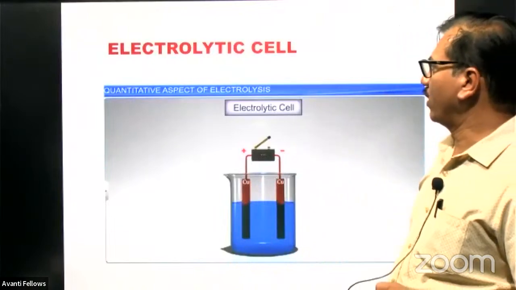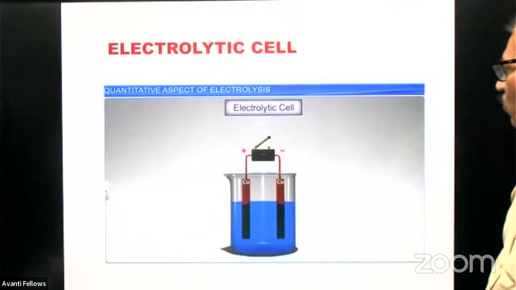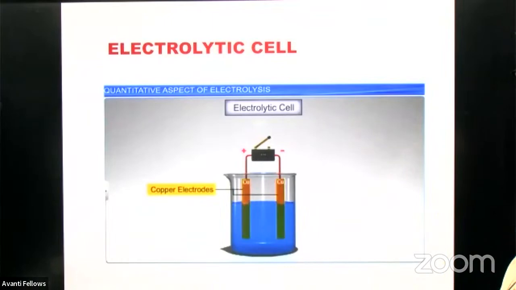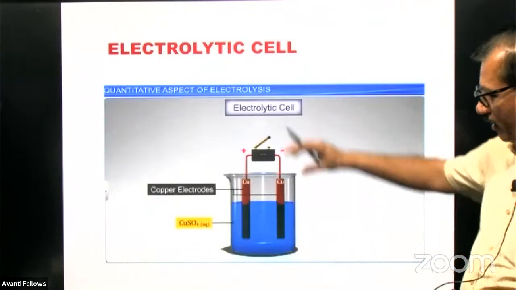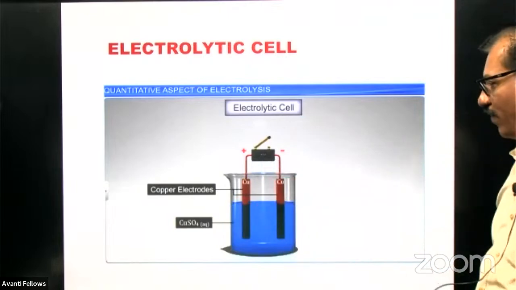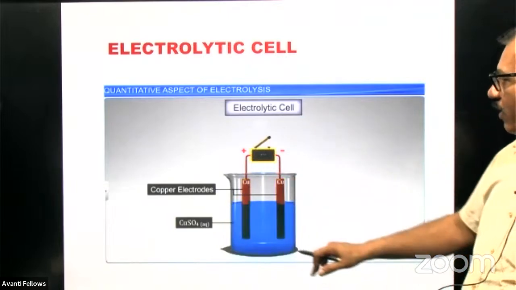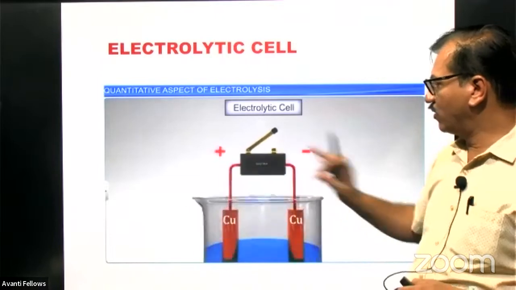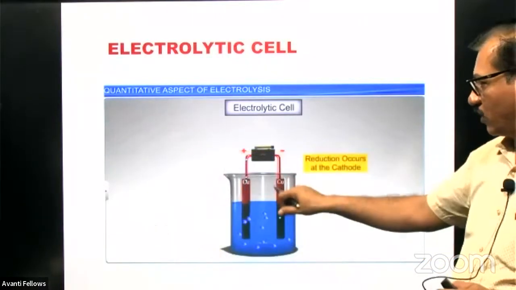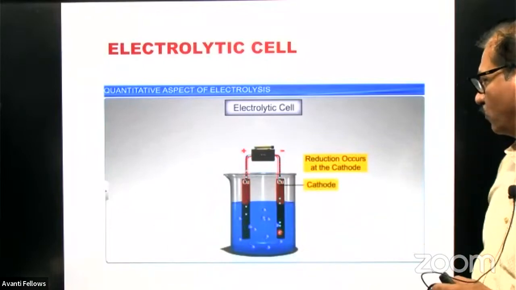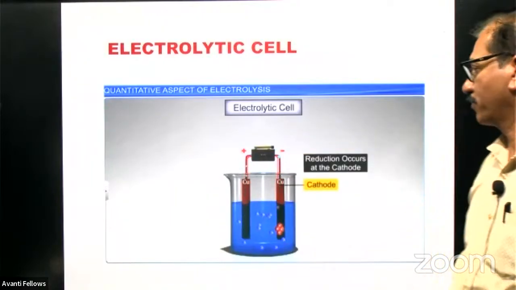And coming to electrolytic cell. When two copper electrodes are dipped in a copper sulfate solution and both are connected to a DC supply, when the power supply is turned on, some reactions go on.